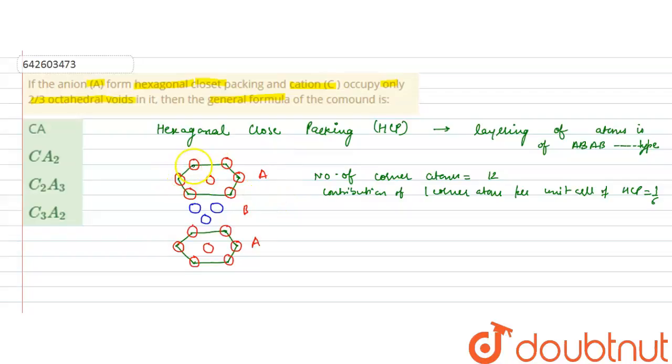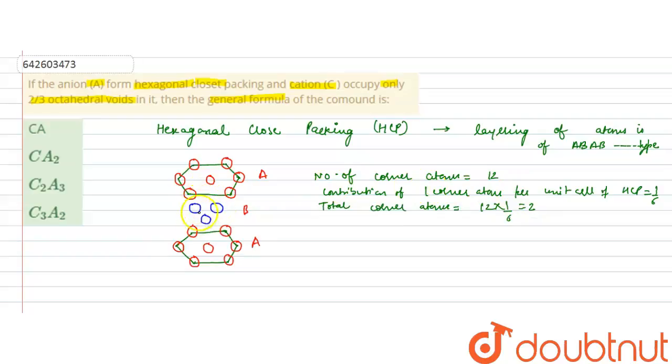In total, one corner atom is shared by 6 unit cells. So the contribution of one corner atom to one unit cell is 1 by 6. It means total corner atoms are 12 into 1 by 6, so that will give us 2.